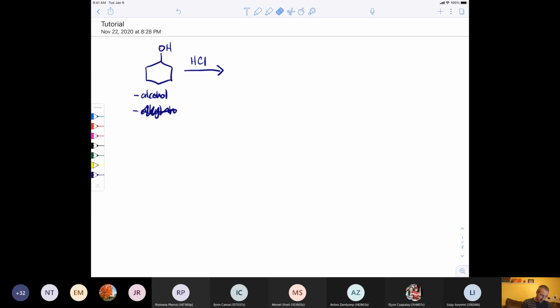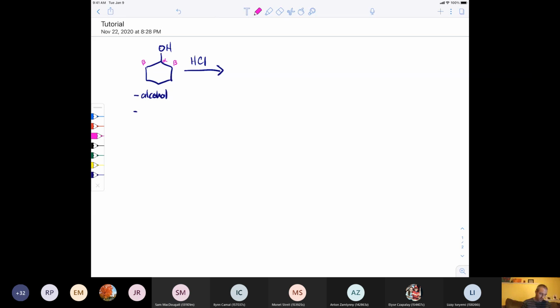And then what you should figure out is whether the alcohol is primary, secondary, tertiary, or methyl. The way you would do that is you look at the alpha carbon and check how many beta carbons there are. A carbon attached to an alpha is a beta.